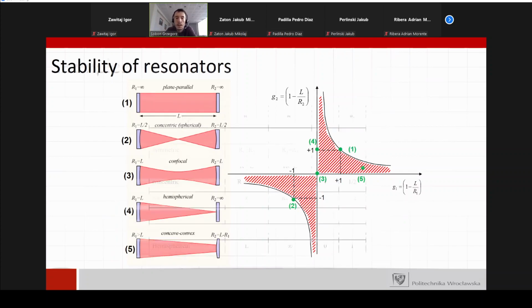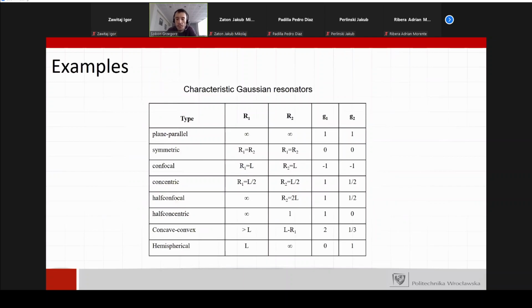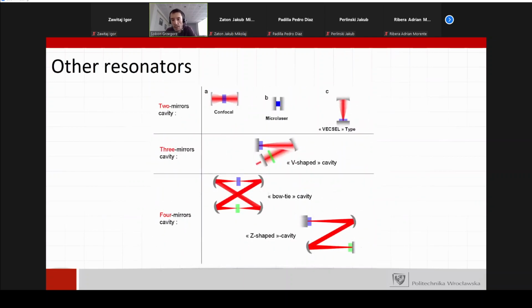However, in some cases we need an unstable resonator. Of course, there exist many other types of laser resonators, depending on the need and the application, and generally what we expect from the laser.